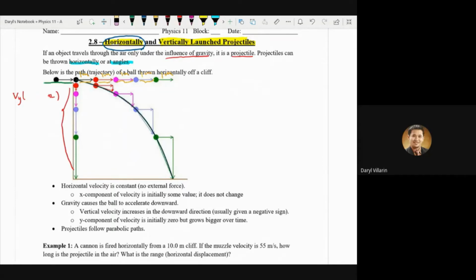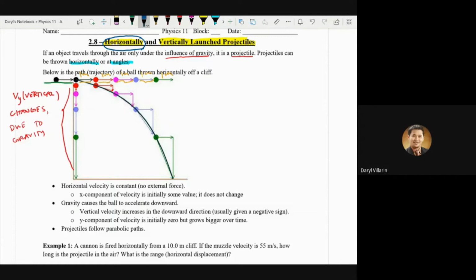When I say y component, that is the same thing as vertical component. So the Vy changes, and this is due to the fact that there's gravity.